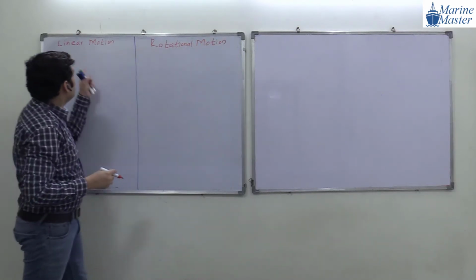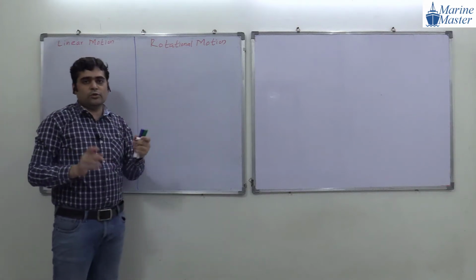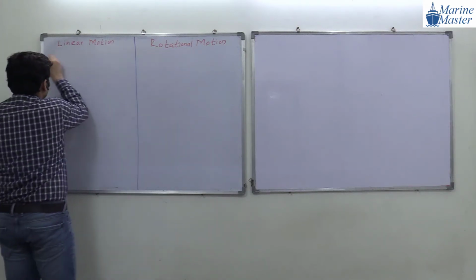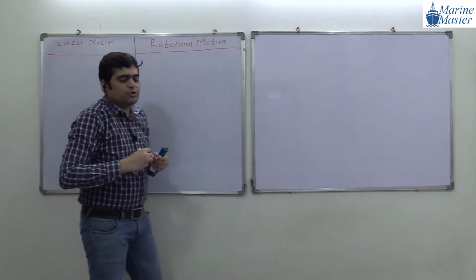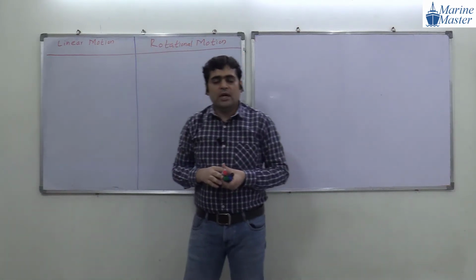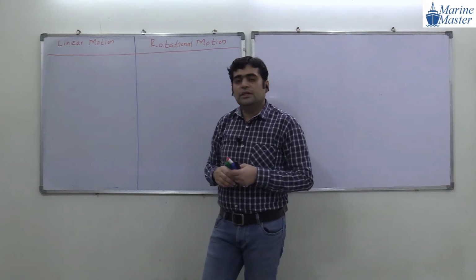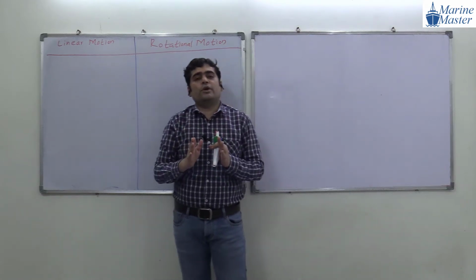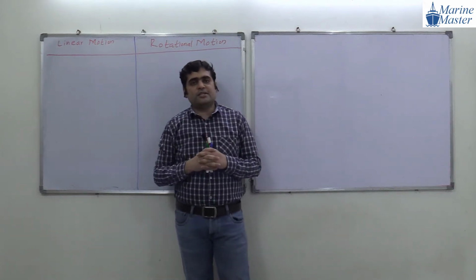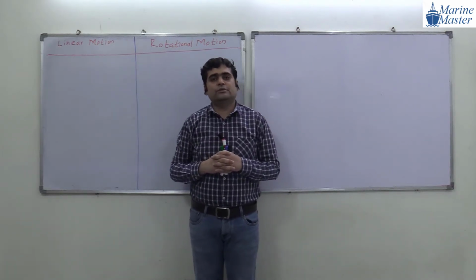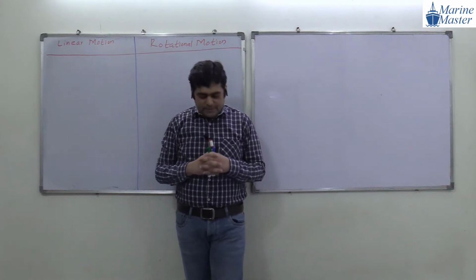On one side we have linear motion, another side rotational motion. Now guys, go to the theory of linear motion. Can you tell me which first point we studied in linear motion? Displacement, correct.